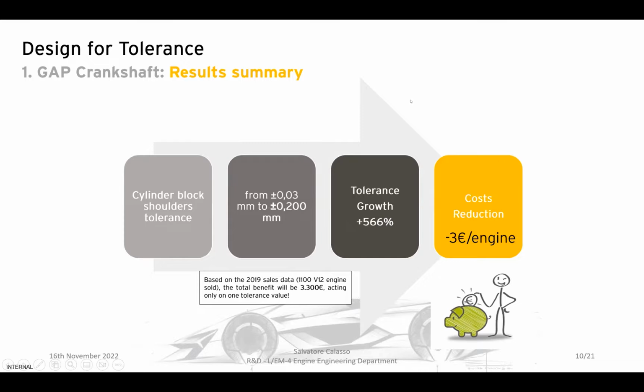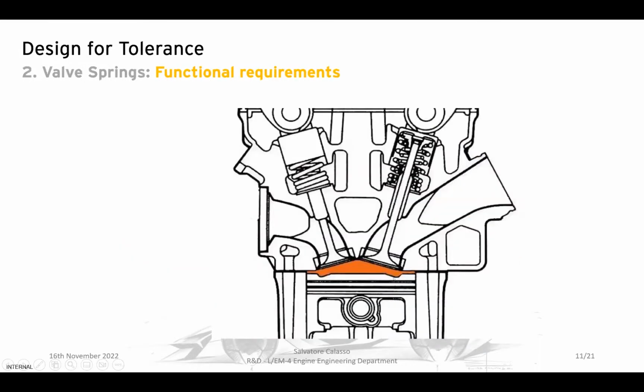That could be a very small cost reduction, but it was just an example, because in that case we modified just one tolerance value. Based on the 2019 sales data, it means €3,300 of saved.